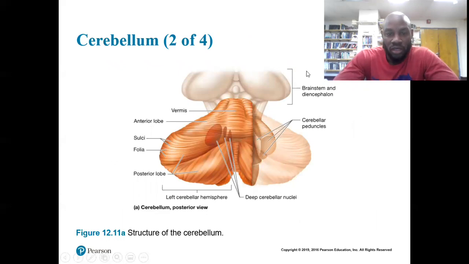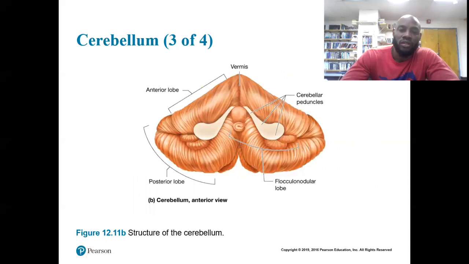See the firmus, anterior lobe, posterior lobe. Okay, cerebellar peduncles. This is your brainstem and diencephalon here. They're connected. So it looks like this from a different angle, different view, anterior view.